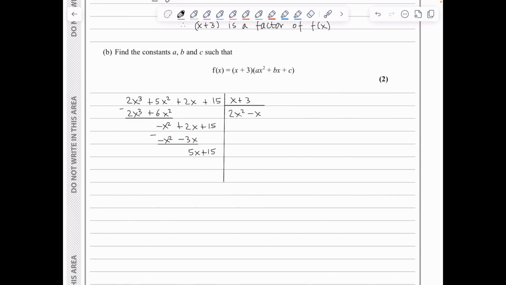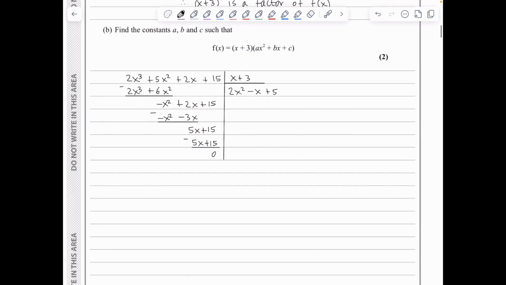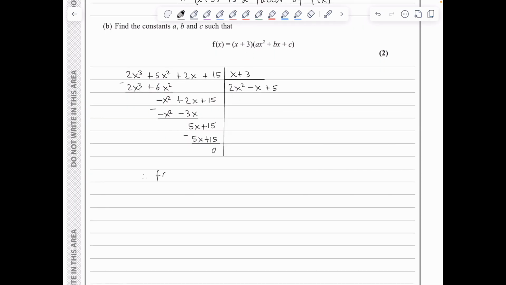So I will multiply this by 5, taking me to 5x plus 15, and I get a remainder of 0 as expected, which simply means that we can write f of x as a product of x plus 3 and 2x squared minus x plus 5, and therefore we conclude that the constant a is 2, b is negative 1, and c is equal to 5.